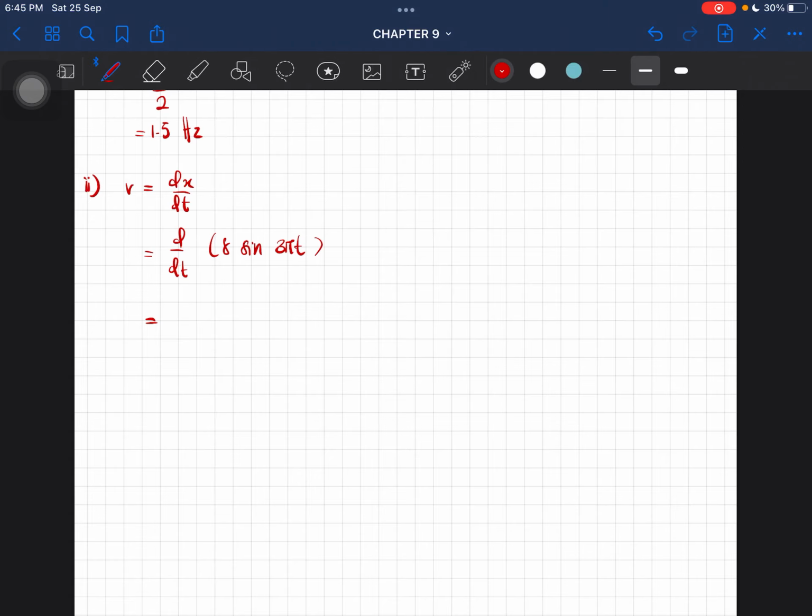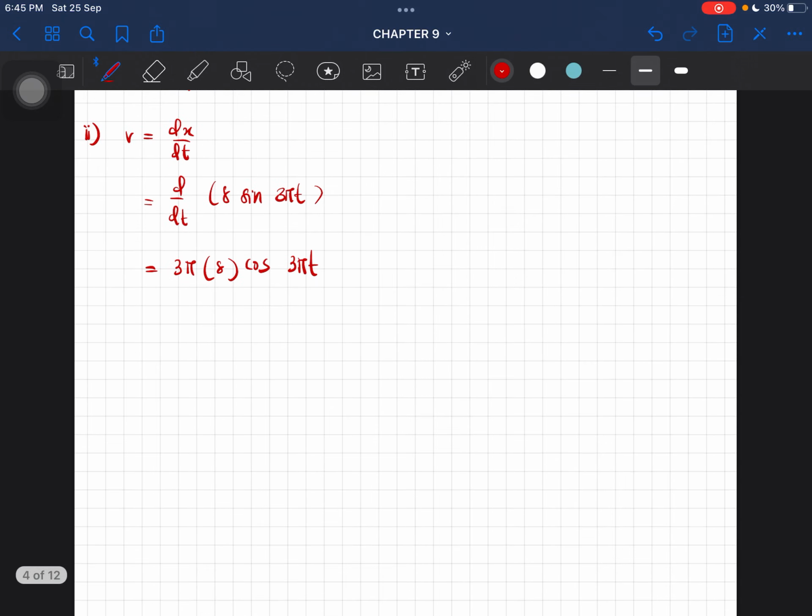So we just differentiate. Let's differentiate this equation in terms of time. We bring forward 3 pi. So 8 differentiate sine gives cos 3 pi t. Then 8 times 3 is what? 24, right?